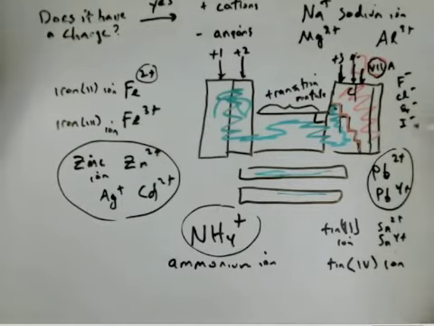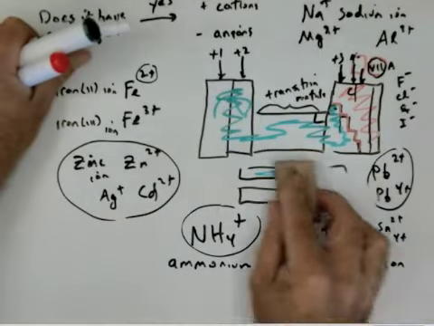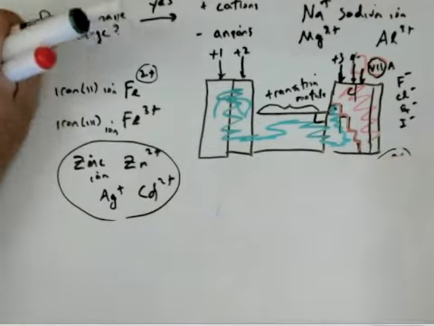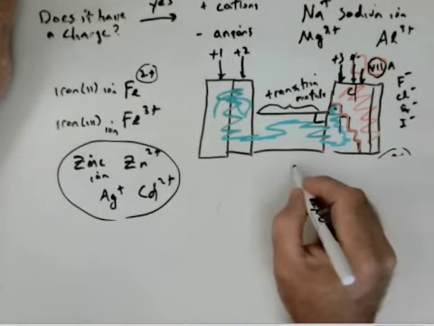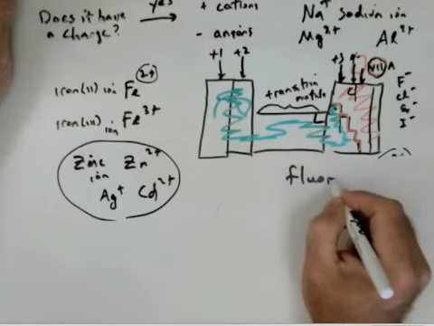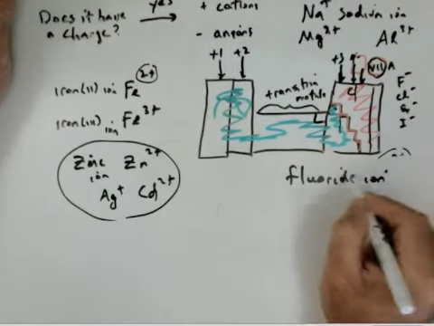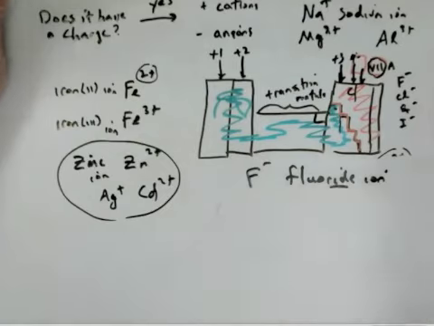So how do you name a negative ion? Well, if it's a single atom like that, for example F-, you just change the ending to ide. Fluoride. Okay, that's how you can tell that the ions are negative.